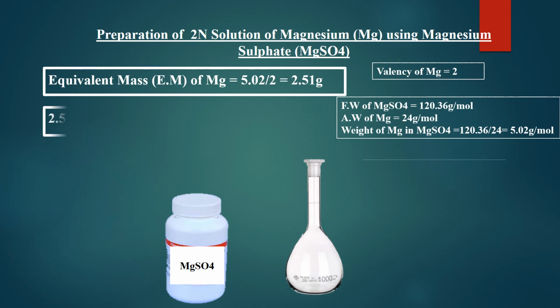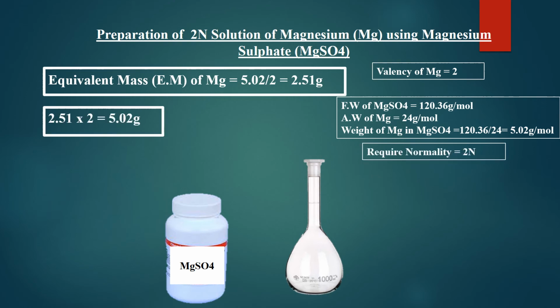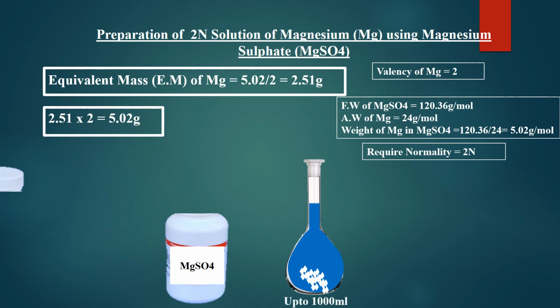Now multiply 2.51 with 2, as we want to prepare 2 normal solution. So the answer is 5.02 grams. Take 5.02 grams of magnesium sulfate. Dissolve it in water and dilute the solution up to 1000 milliliters. This will be 2 normal solution of magnesium.